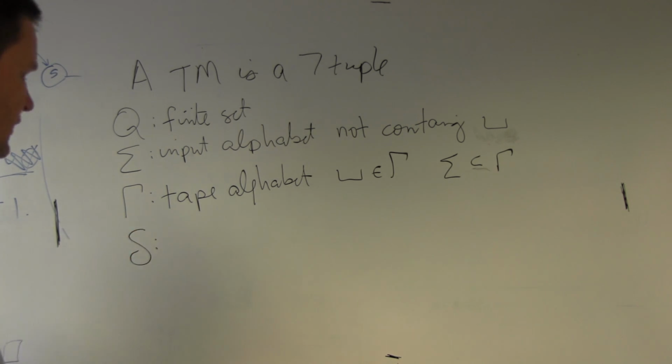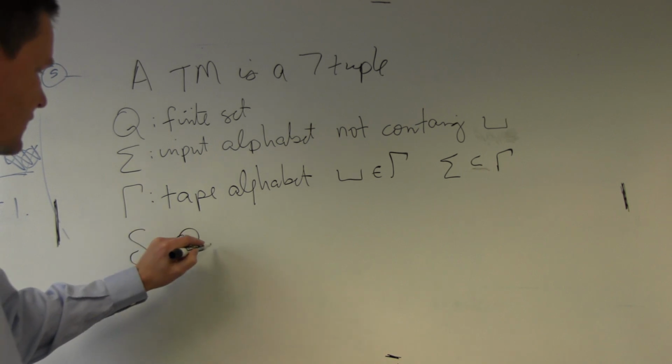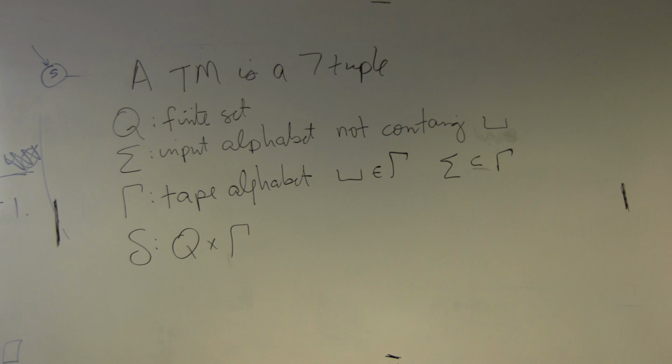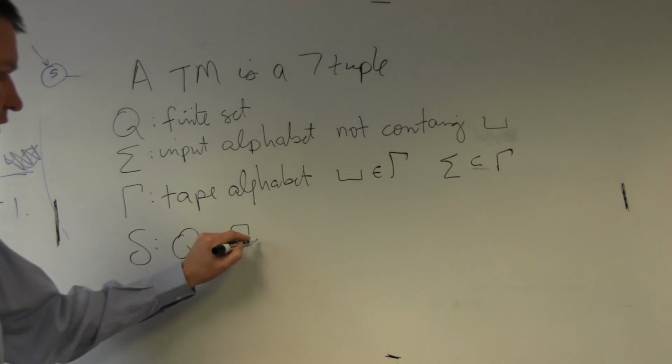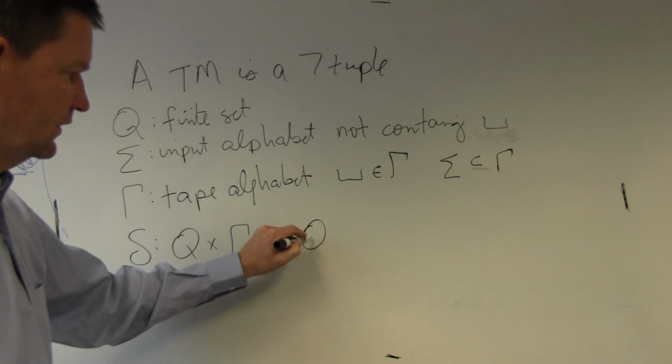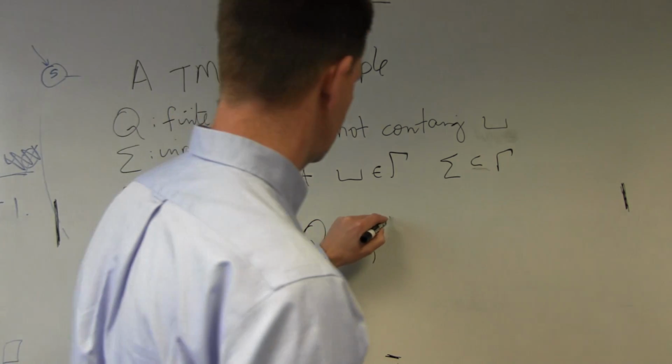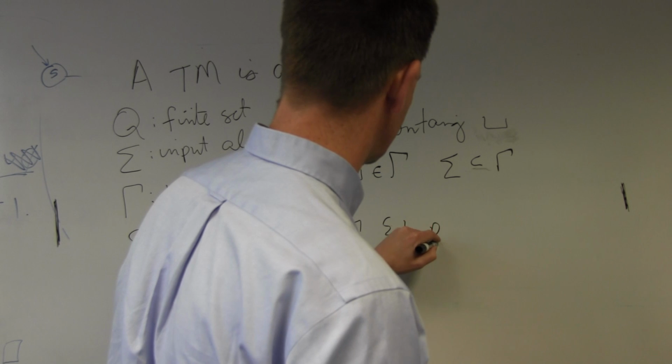relation looks like this. So when you make a transition, you take a current state together with a letter from the tape alphabet, and then you go to the next state together with a letter from the tape alphabet, and then you either move left or you move right.